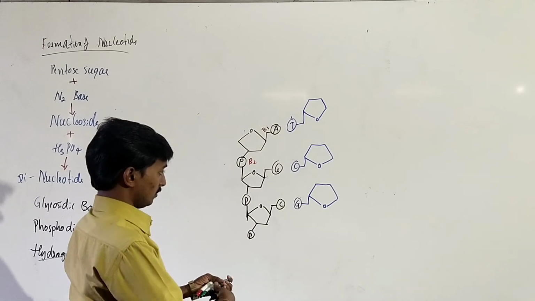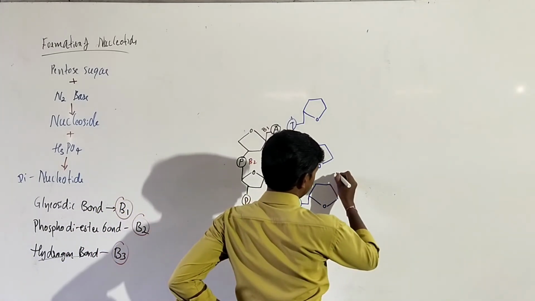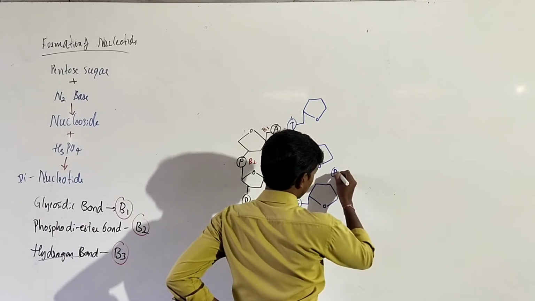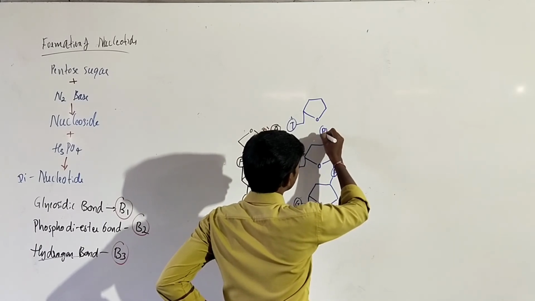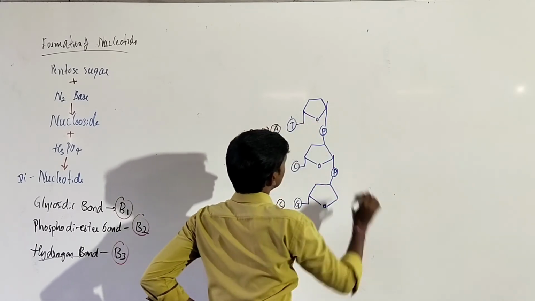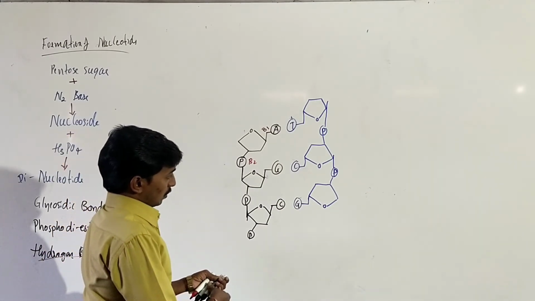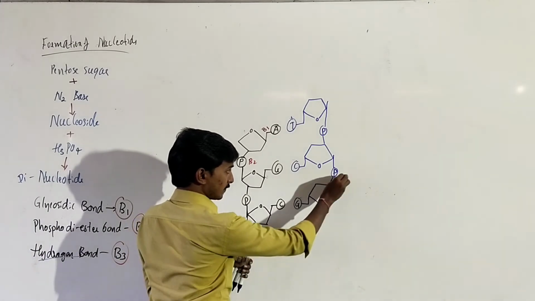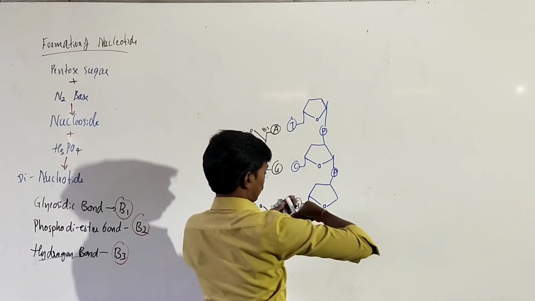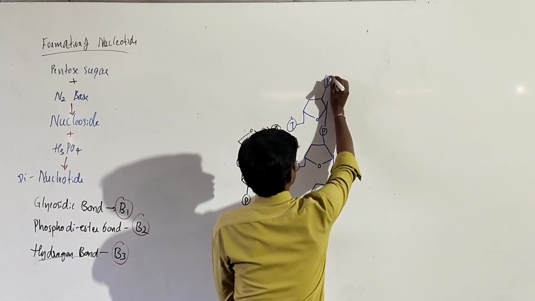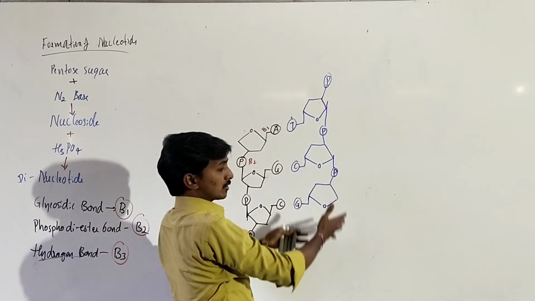We'll write phosphates over here. So phosphate will be here. Phosphate will be here, right? Sugar, nitrogen base, phosphate, sugar, nitrogen base, phosphate, sugar, nitrogen base, phosphate. Okay, this is one strand of DNA, this is another strand of DNA.